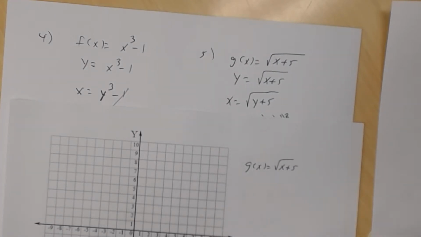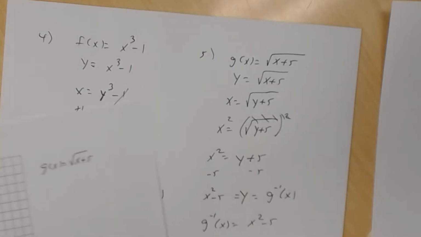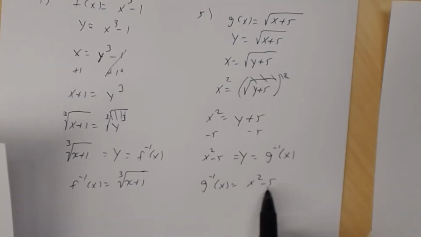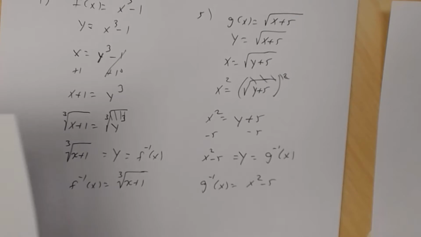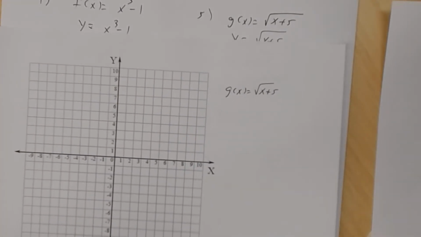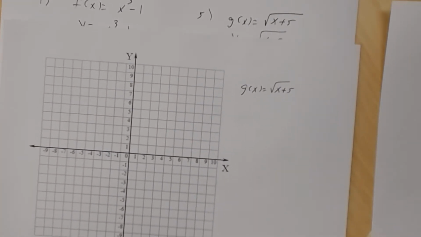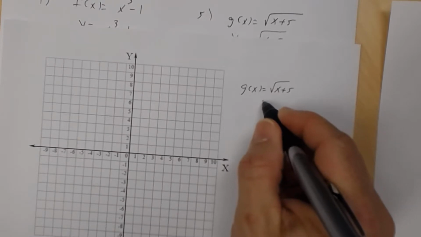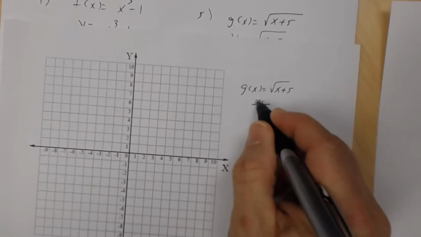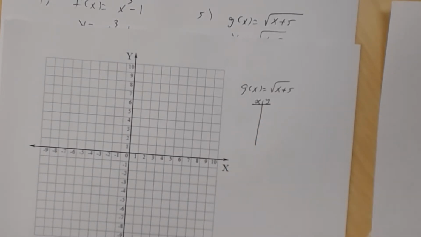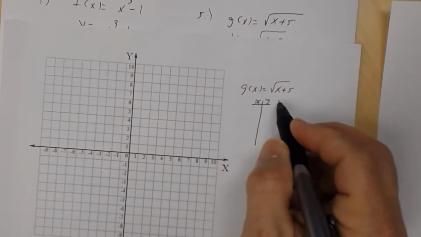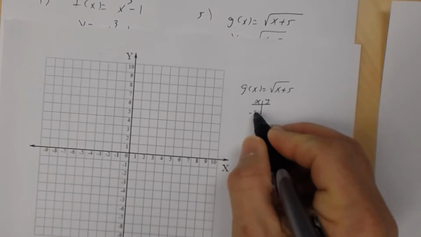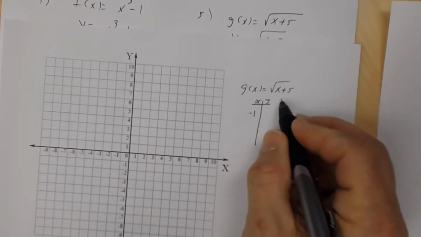Now we found the inverse, but I'm trying to get you to understand why the way we have it written is not quite correct. Okay, so if I plot some points to graph this radical function, if I let x be, let's say, -1, I get the square root of 4, which is 2.